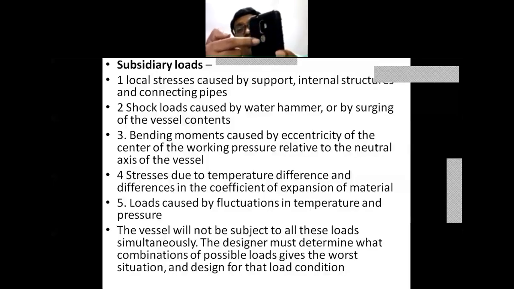This is given extra, but it helps as a reinforcement material, because we have cut this section. When this section is cut, it should not reduce the strength. So to maintain the stresses, we are adding this extra material here to increase the strength.